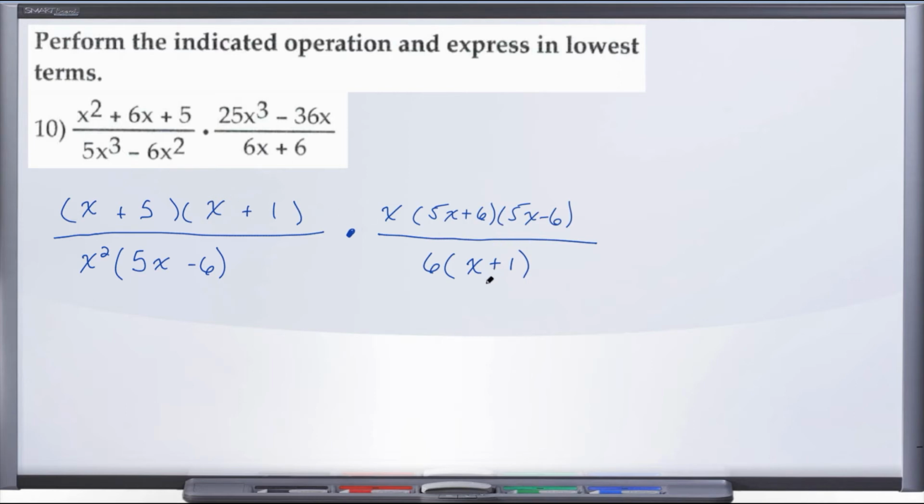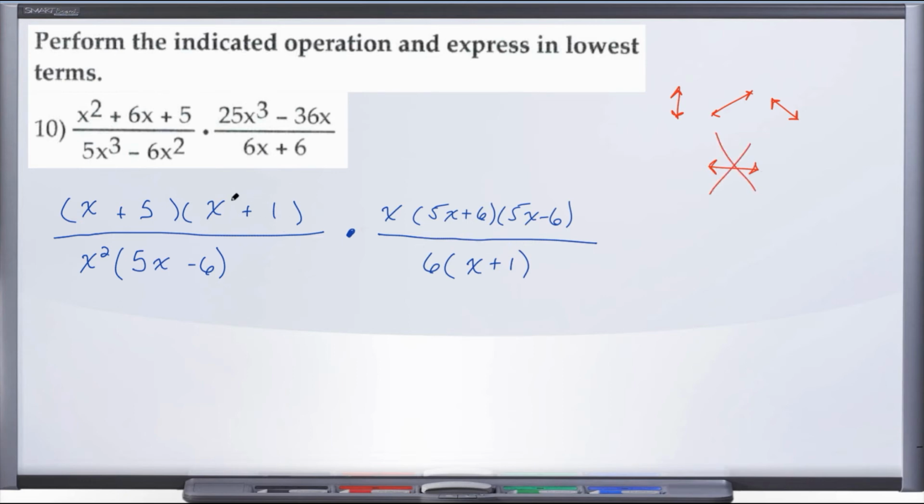So let's go through, and now comes the fun part, which is now canceling everything that's common. And again, before we start canceling, just as a refresher, remember you can cancel up and down, and you can cancel diagonally left to right or diagonally right to left. You cannot cancel left to right, so do not cancel left to right.